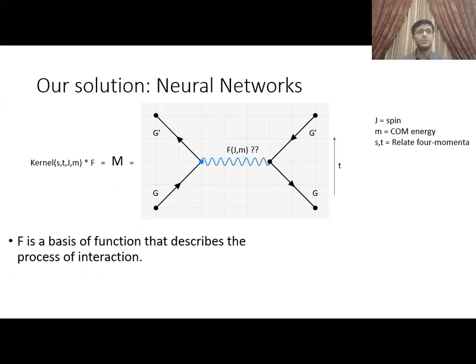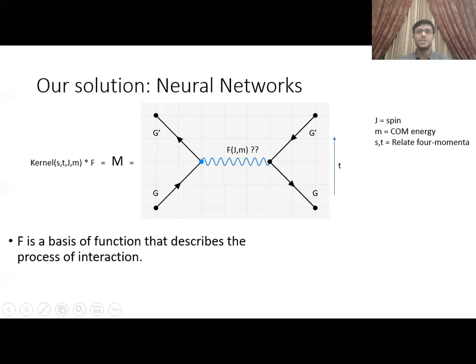We know that a lot of time is spent by physicists on learning one specific interaction, but if we have a neural network that's working on one sort of interaction, we can actually extend it to different interactions, such as the number of gravitons and the number of interactions with other particles as well. So that's why we chose neural networks.